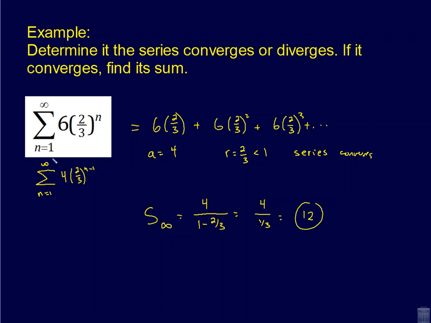Try typing this sigma notation into your graphing calculator. And instead of using infinity, which we can't do, try putting in a really large number up here and see if it doesn't get really close to a sum of 12. So that's what we say this series converges to. As we add more and more numbers, the series will continue to grow, but get closer and closer to 12.